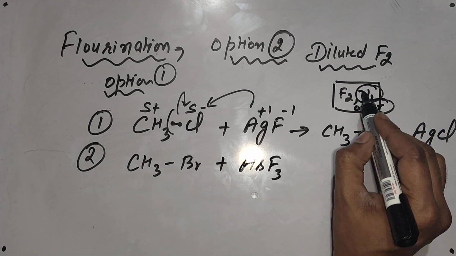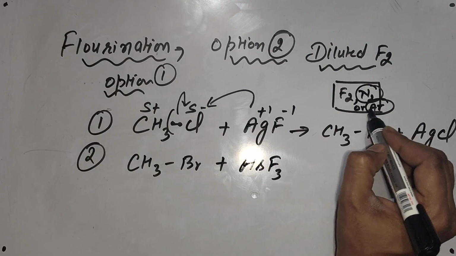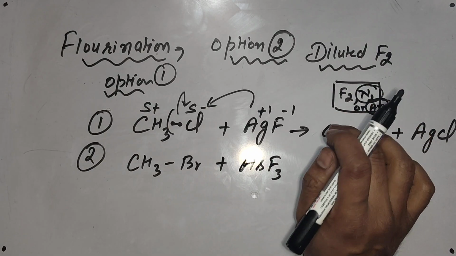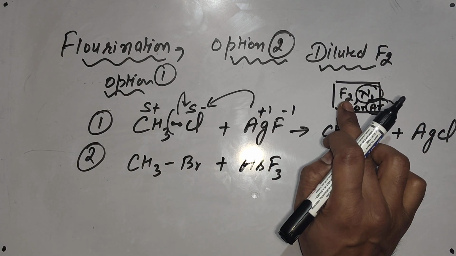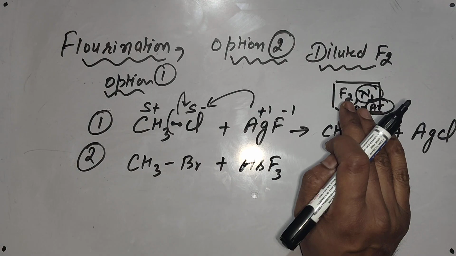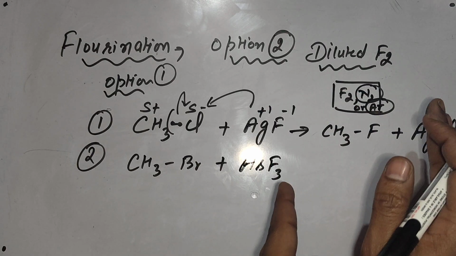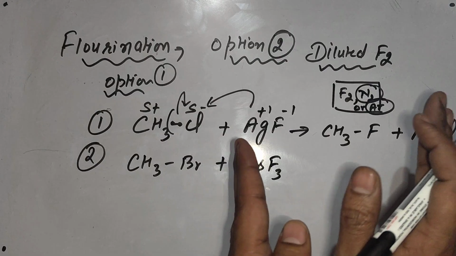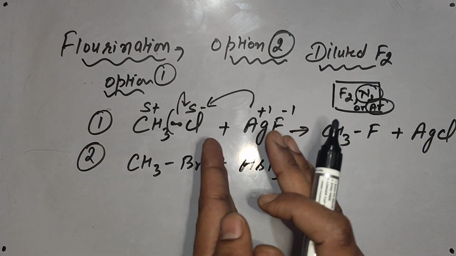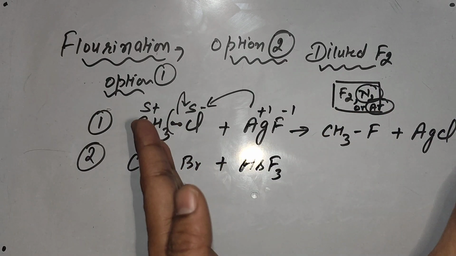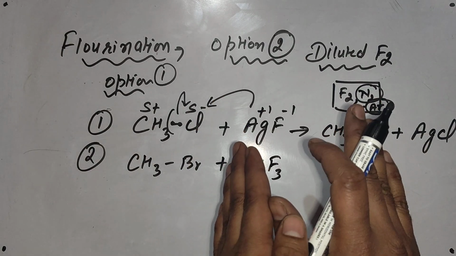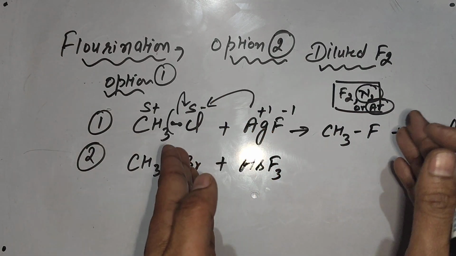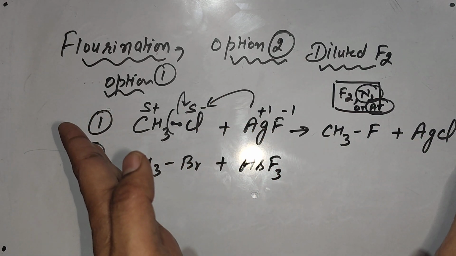Nitrogen and argon are very less reactive gases, so they will not interfere with the reactivity of fluorine. All they do is decrease the number of fluorine particles, and if the number of fluorine particles decreases, the heat energy which was evolving too much will be decreased and we will not have a problem of fission.